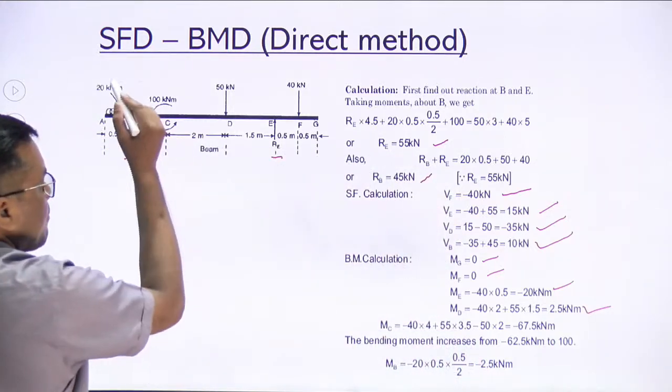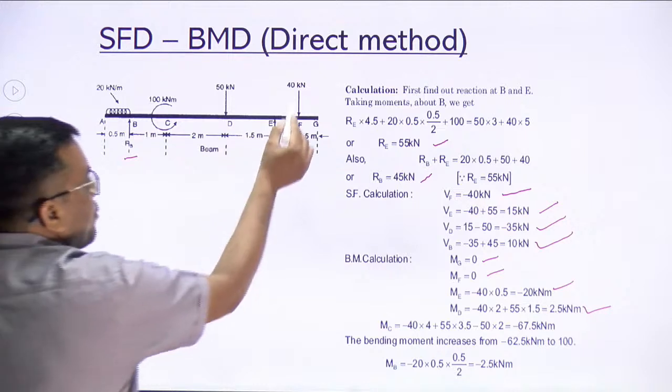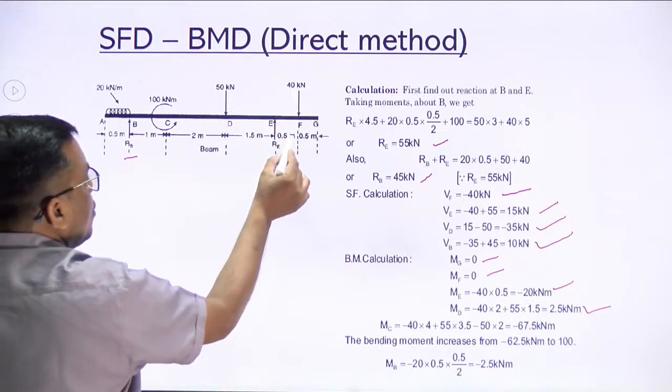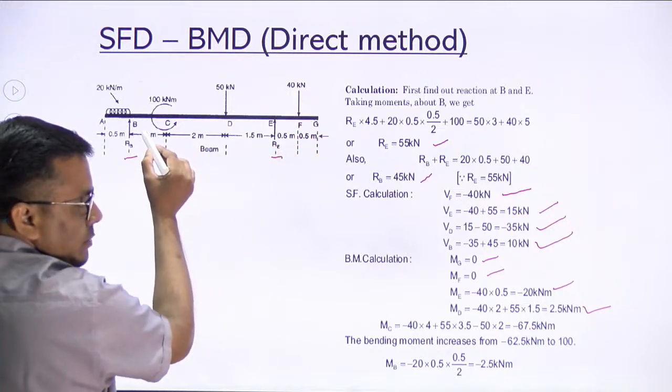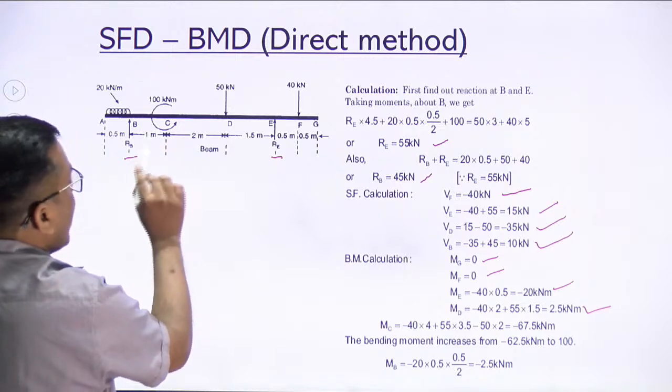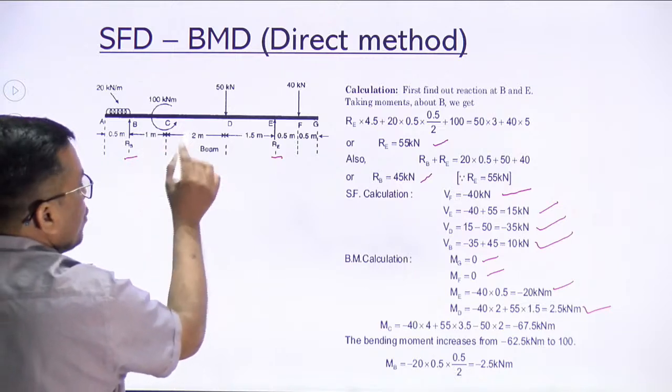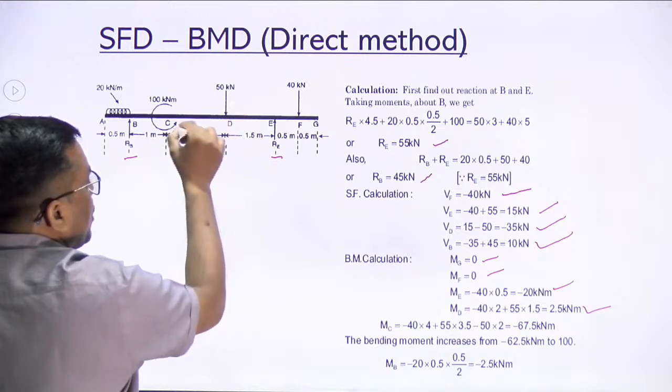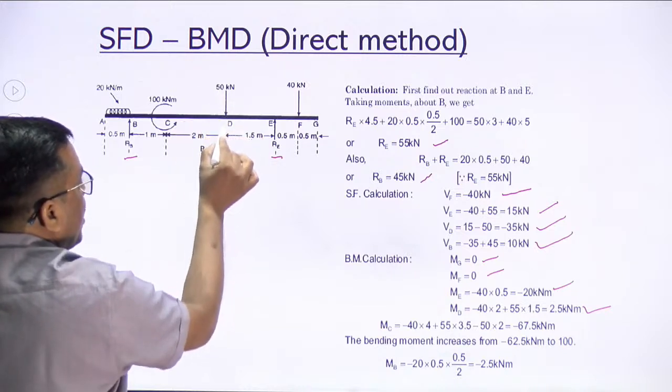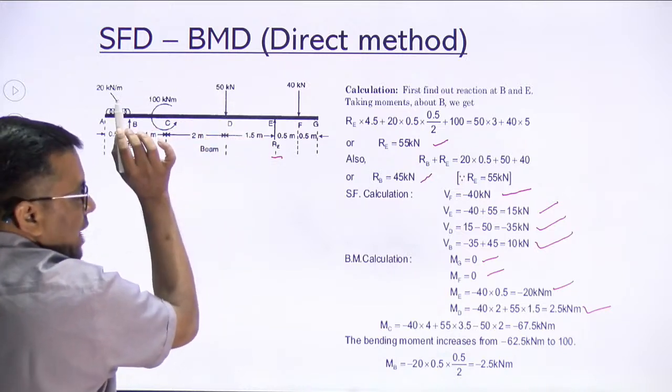At point C, what are the forces? 40 into 2 plus 2, 4. Okay, at point C, 40 into 4, RE into 3.5, 50 into 2 on the right side.